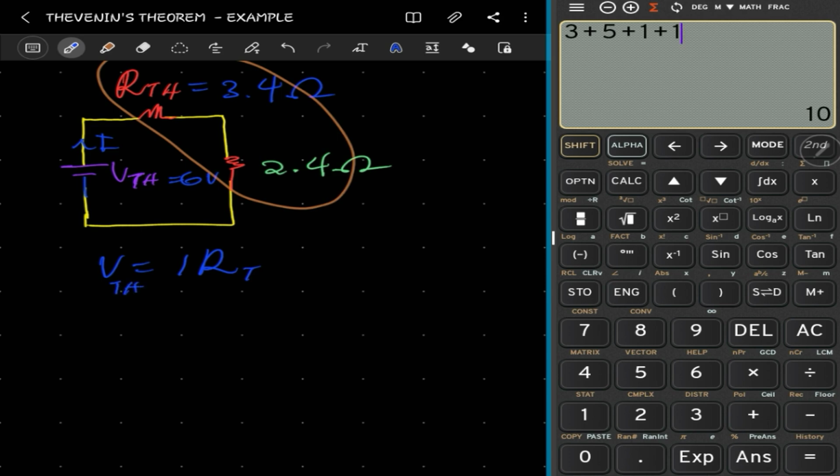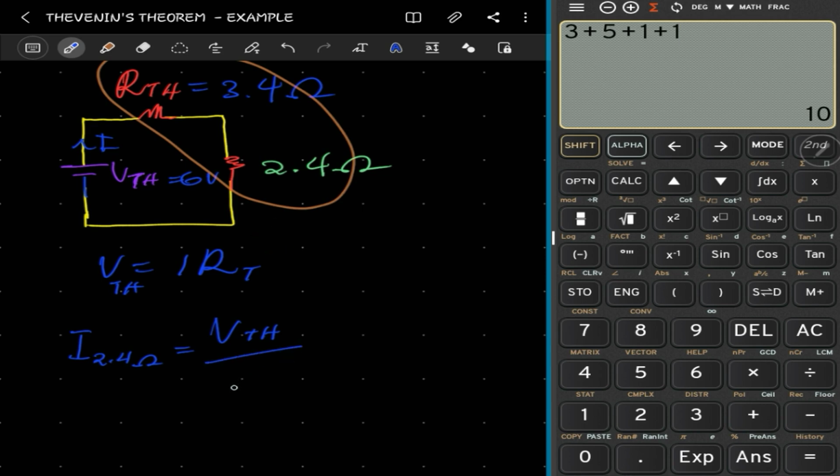So that means that the current through the 2.4 ohm resistor is equal to VTH, because the same current is passing through the RTH and then the 2.4 ohm, right? They are in series, the same current. So that will be VTH on R total, right?